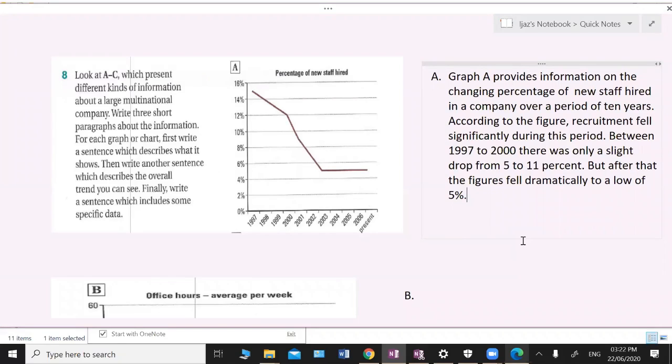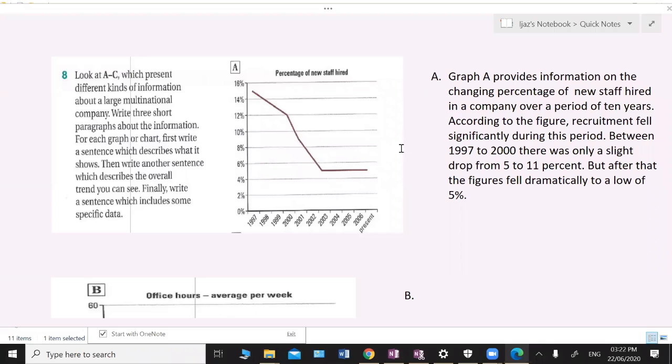Yes. So you're also comparing, and you used dramatically, a word which we studied yesterday. Then there is the word significantly, which we studied, is again there. This is an example of how you should be explaining your graph. You should be using certain comparatives, certain words which sound good.